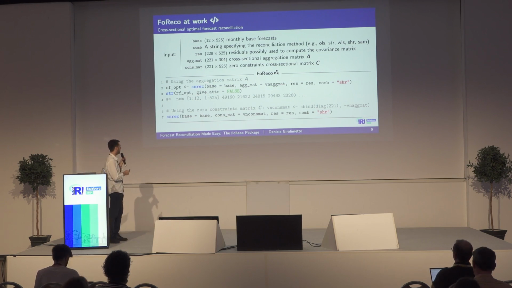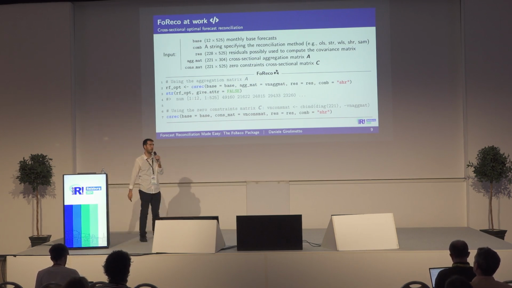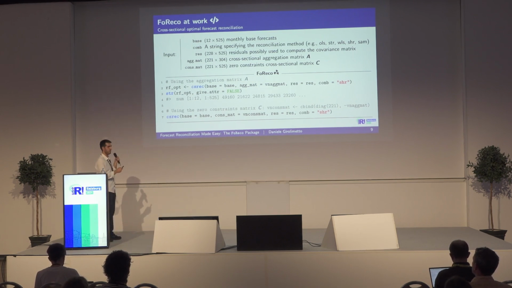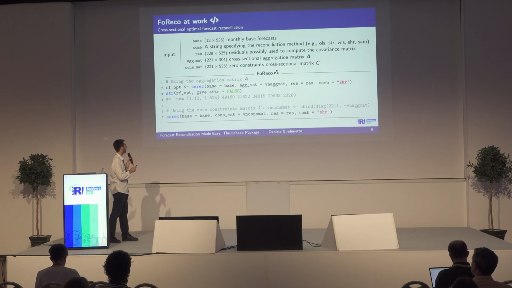So in this case, we are doing cross-sectional reconciliation, starting from some base forecasts. In this case, I used, if I remember correctly, ETS with a log transformation. We calculated the base forecast outside FoReco, and we give as input of this function this matrix, where the row indicates the forecast horizon and the columns are the variables.